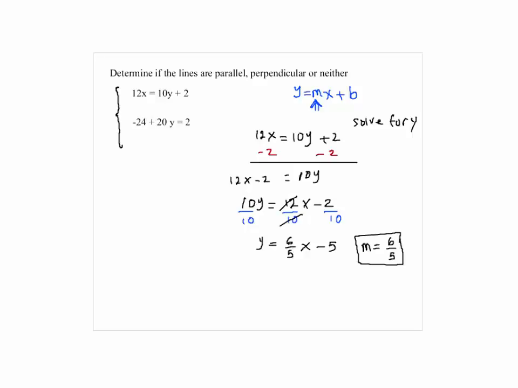We have 12 over 10. So you're talking about this one right here. Half of 10 would be 5. Very good. Yeah, you're right, Kim. That would be 1 over 5. Well, this would be 6 over 5. And that is your y-intercept, by the way.